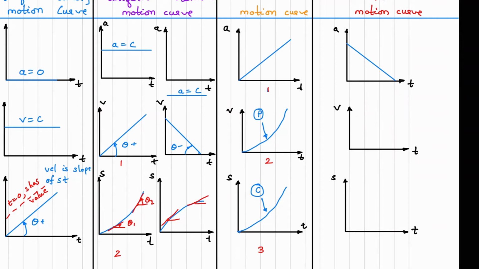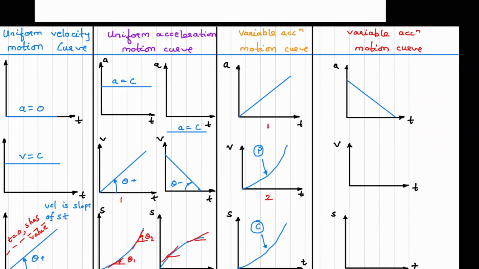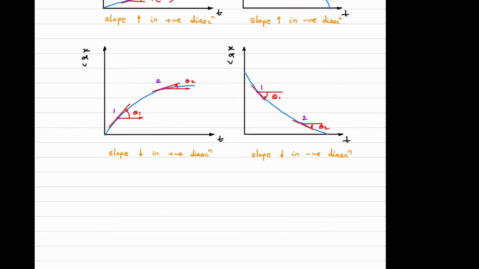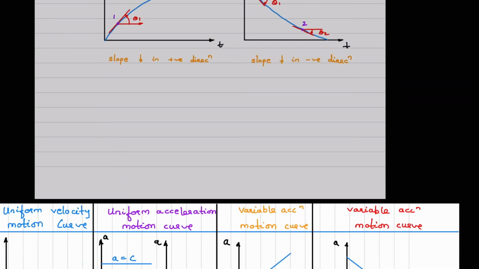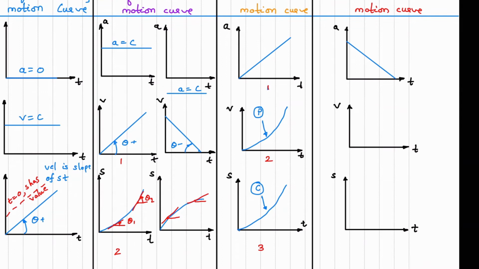So this slope should reduce and acceleration is positive, so slope should reduce in positive direction. So just see this, slope reduces in positive direction in this case, case number 3. So curve will be like that. So this will be the curve. Okay, and it will be parabolic. So this is order 1 and this is order 2.